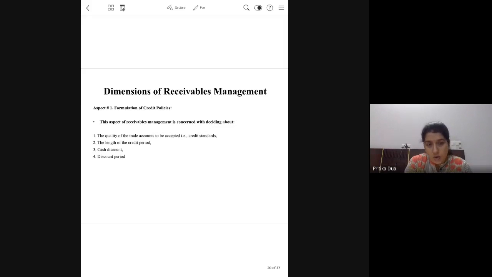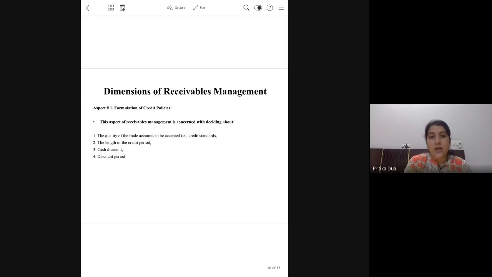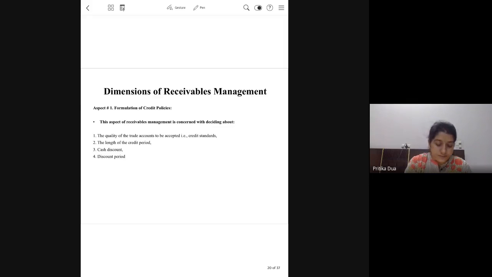And for how long are you offering this cash discount? Say you have given a credit period of 1 month, and if the customer pays within 20 days then you are giving 2% additional discount. So 20 days becomes your cash discount period, while 30 days is the credit period.